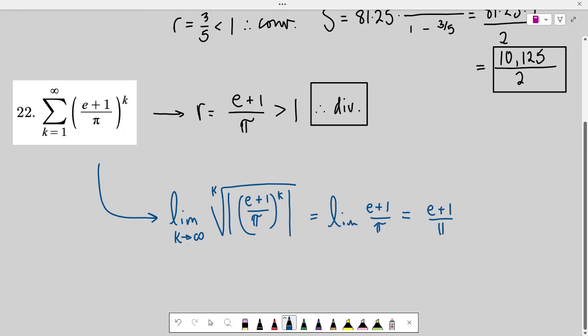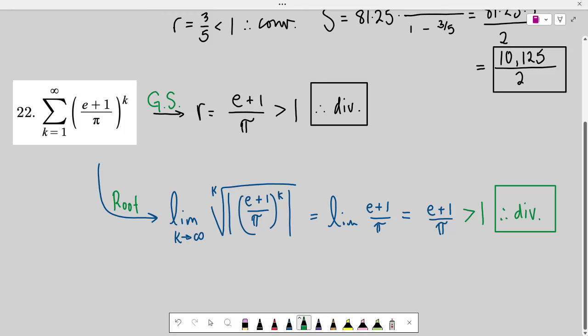There's no k in it, so it's a constant. Root test, ratio test, geometric series, all have the same conclusion. So therefore it diverges. Using the root test is going to really parallel what we see with the geometric series. So this is using geometric series. This is using the root test.